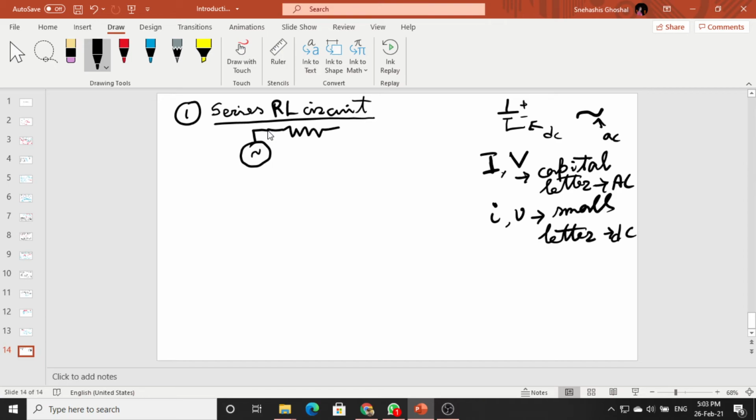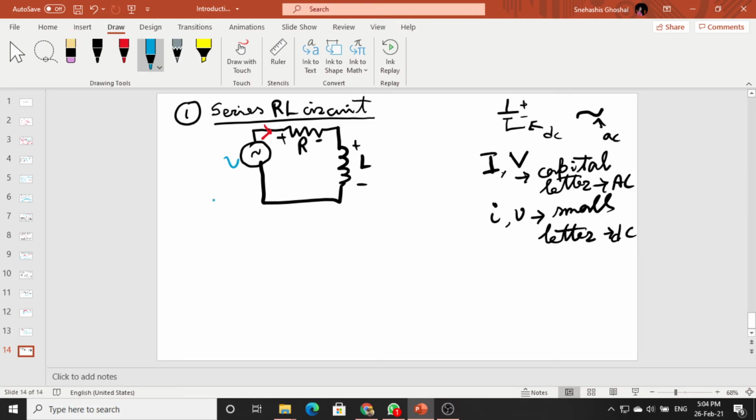We are talking about a series RL network. So this is your R, this is your L, this is the current flowing through here to here. So right now, the KVL will be applied in phasor form.